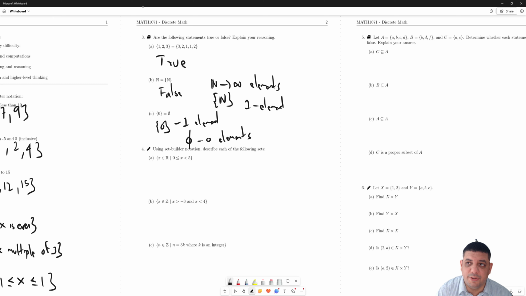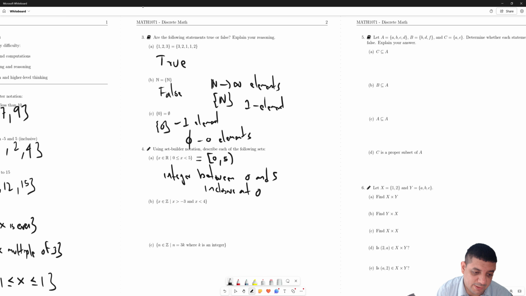Now, for set builder notation, notice that this is the interval between 0 and 5. And we can describe this as the integers between 0 and 5, inclusive at 0.